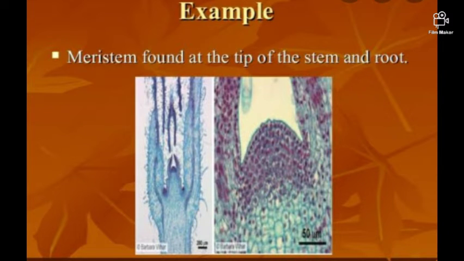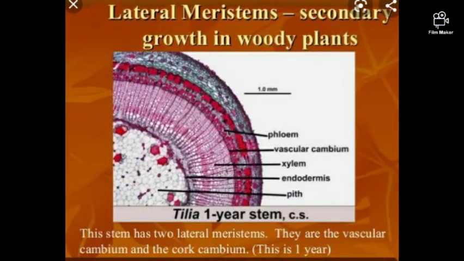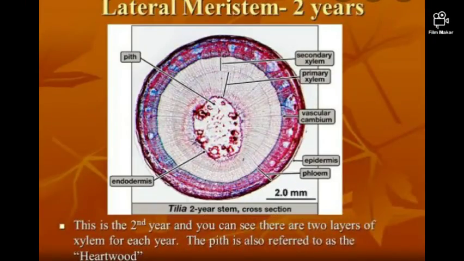Observe the structure of the stem and the root tip. This is the apical meristem. Next we are taking the lateral meristem. These are present in the lateral regions of the plant and they help in the growth of the girth of the stem.